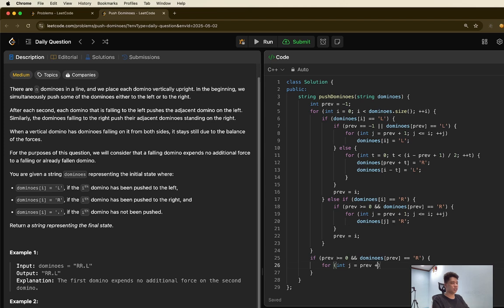From here to the length, Dominoes is equal to R.